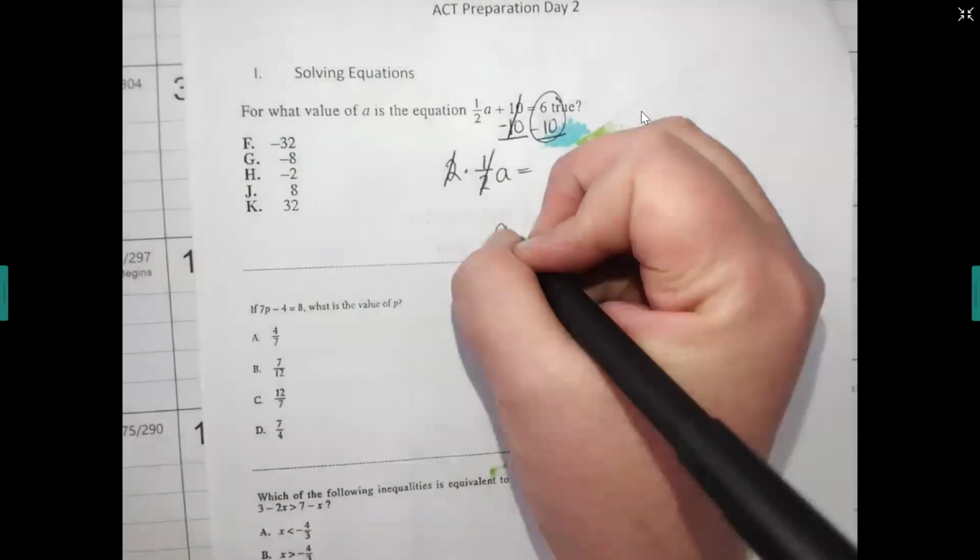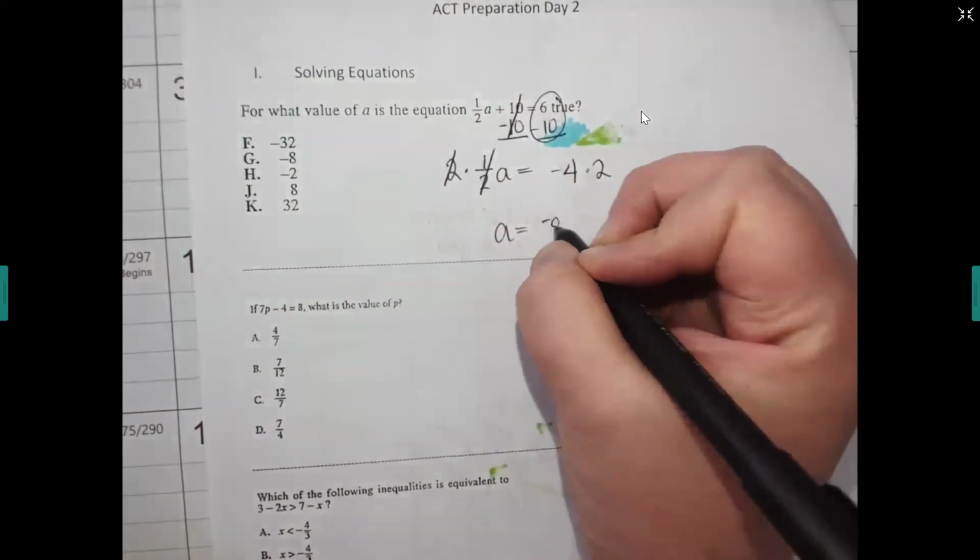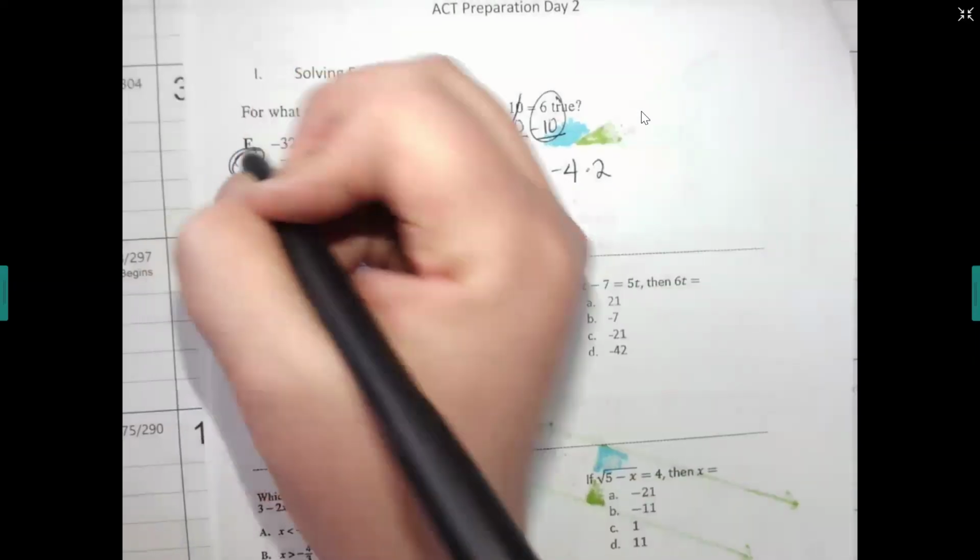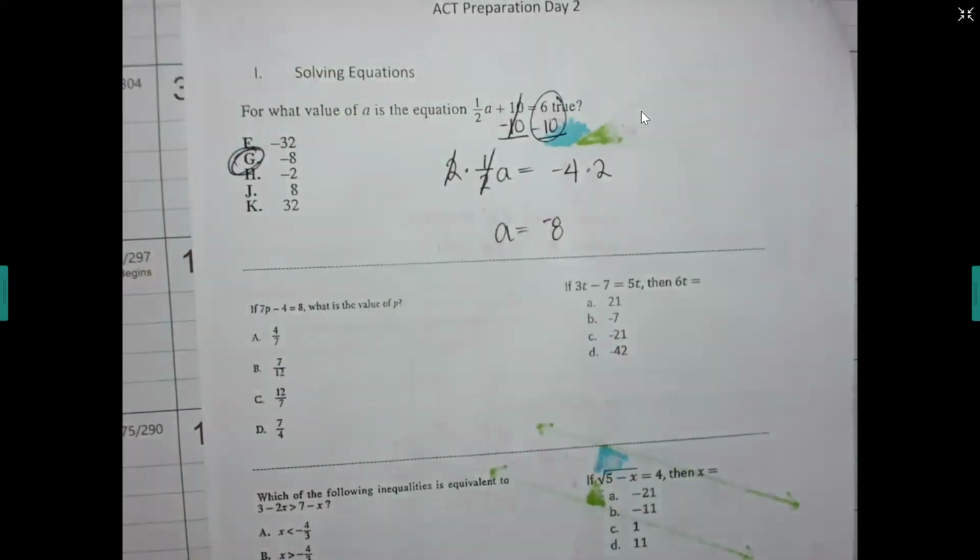The 2s will cross out. -4 times 2 is -8, which is answer choice G. Now, also keep in mind, you could take turns plugging in the answers and see which one gives you 6. So if you think you can do that faster than the solving that we just did, fine.